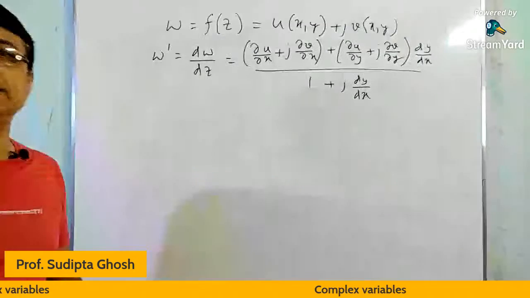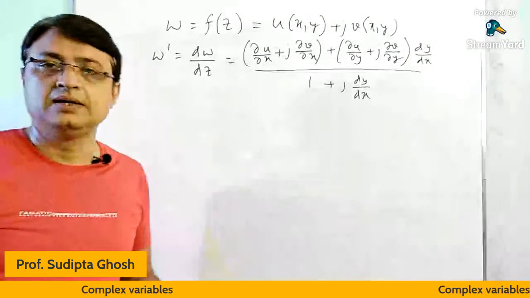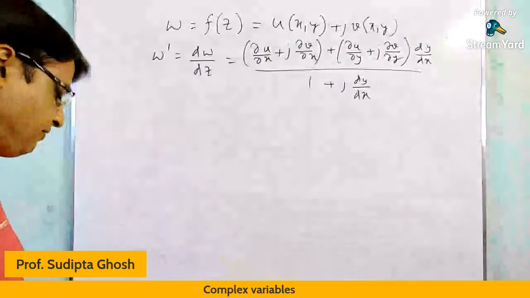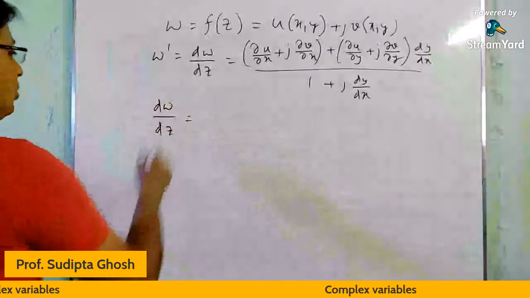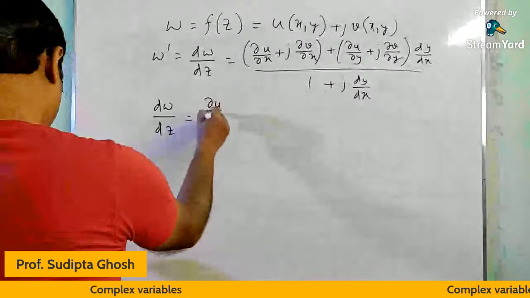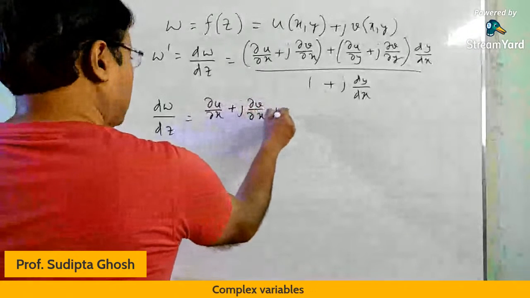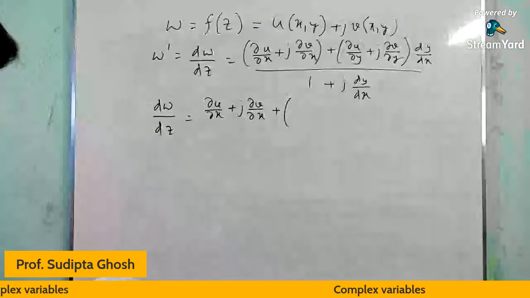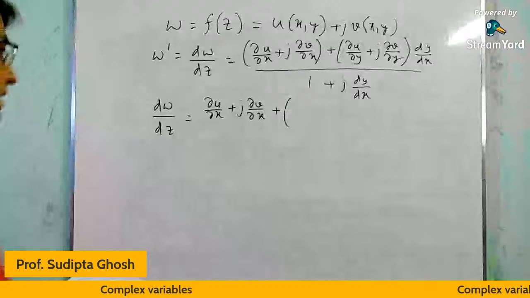Since w is analytic, it satisfies the Cauchy Riemann equations, and hence using equations 7 and 8, dw dz can be written as del u del x plus j del v del x plus, now from equation 8, del u del y is equal to minus del v del x.